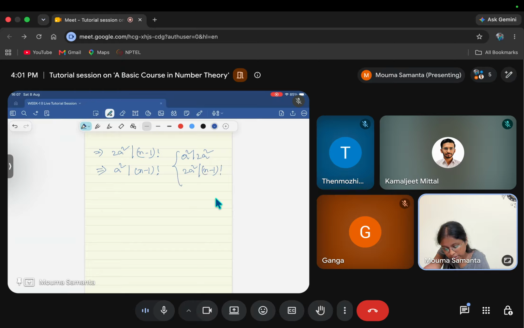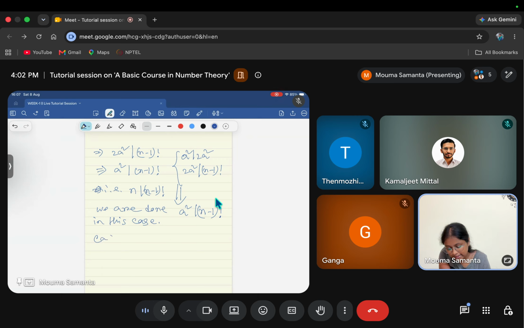So from these two we can conclude a square divides n minus 1 factorial. So that means n divides n minus 1 factorial. So this is the case. We are done in this case.